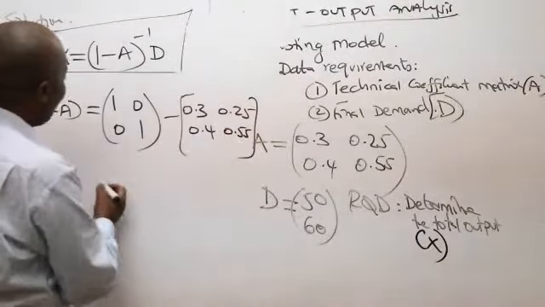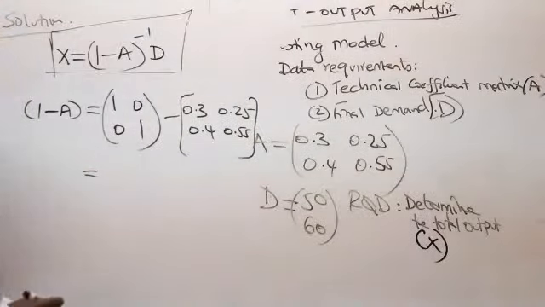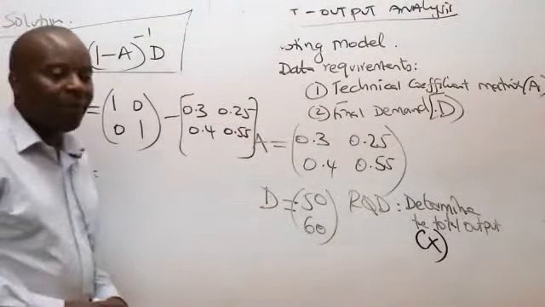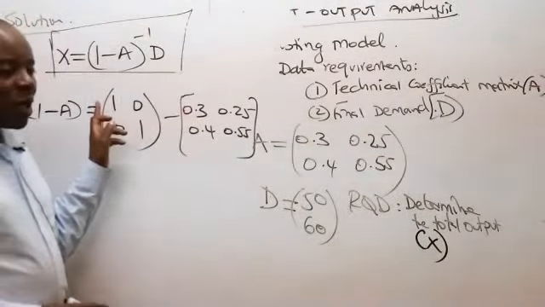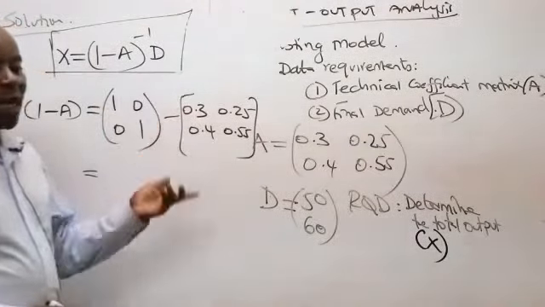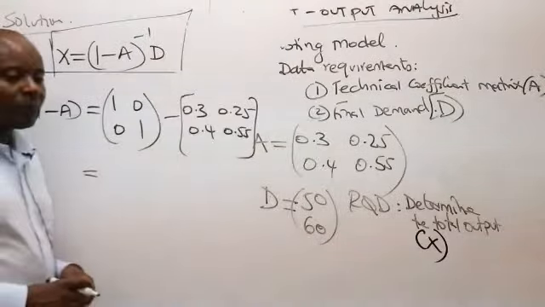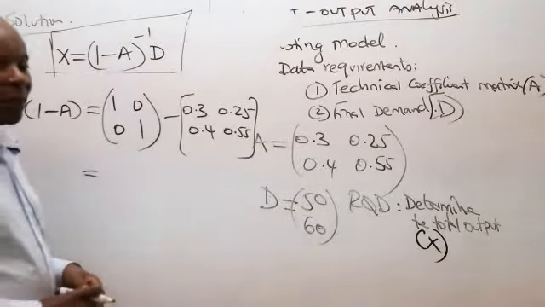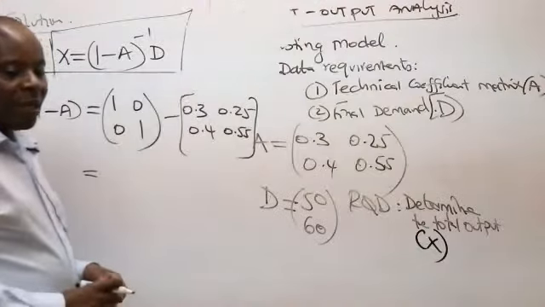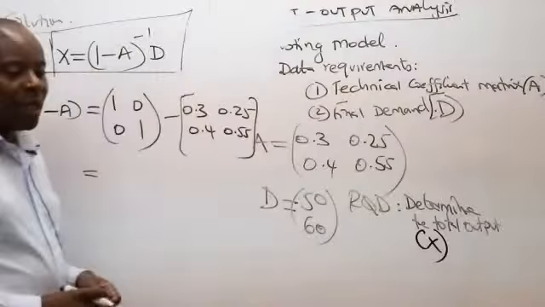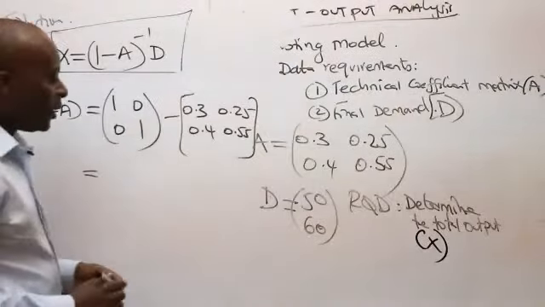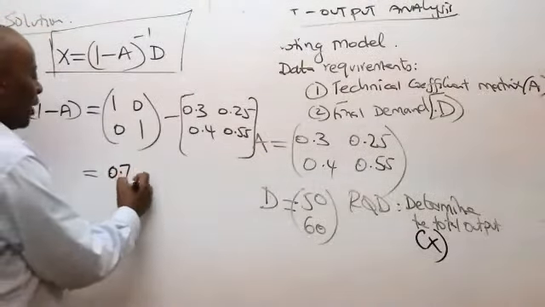From there, please go ahead and do the subtractions for me. Remember, in subtraction you always take corresponding elements. So 1 minus 0.3 gives me 0.7. The first one is 0.7.